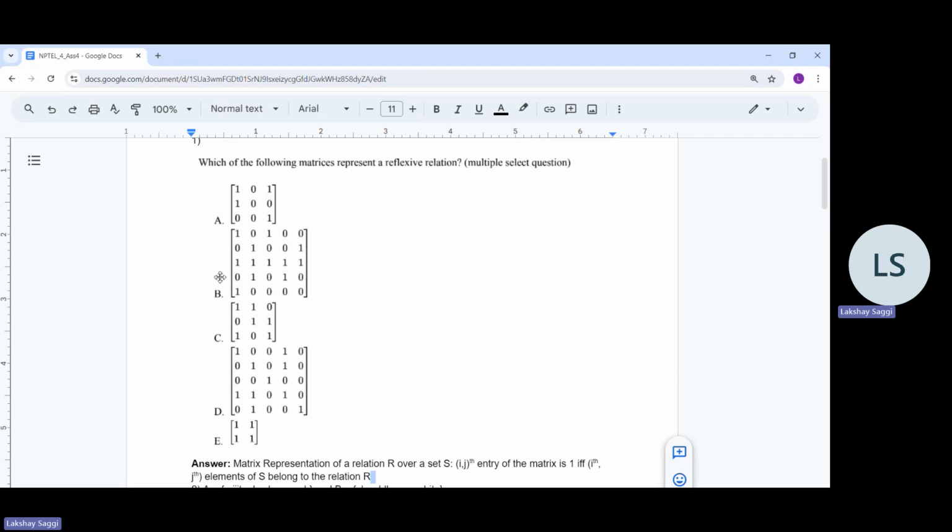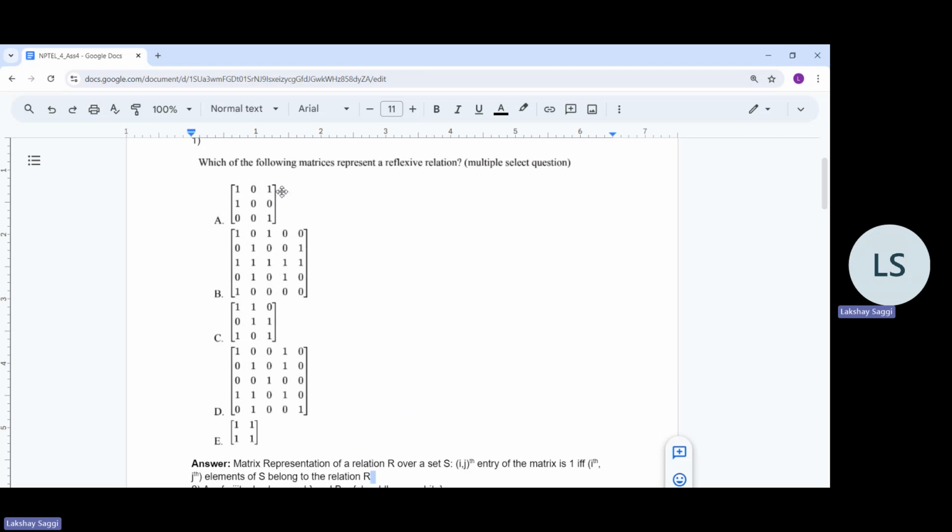For example, consider the matrix A. Then we see that the second row's first column has value 1. What this means is that suppose the set S has three elements A1, A2, A3, then A2 comma A1 is part of the relation R. If this entry is 1, then A2 comma A1 is part of the relation R.